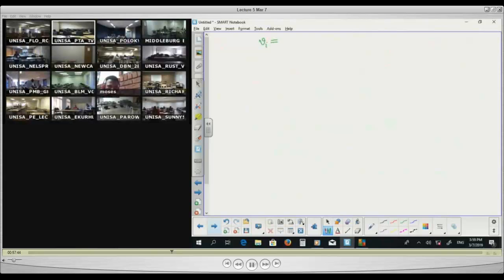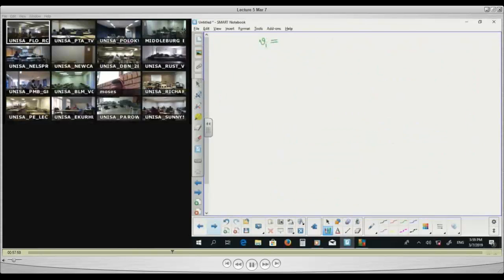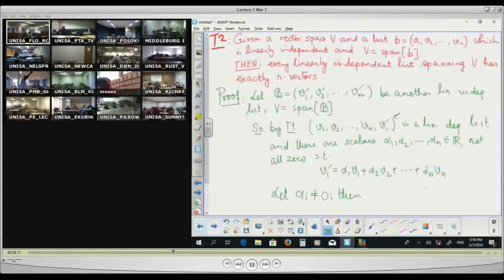So if alpha i prime is not equal to 0, then I can write this as, let me have, just say alpha i prime or alpha i. Alpha i is a scalar which is non-zero. Okay, and so I'm rewriting this, expressing Vi in terms of the others. That's all that I'm doing.